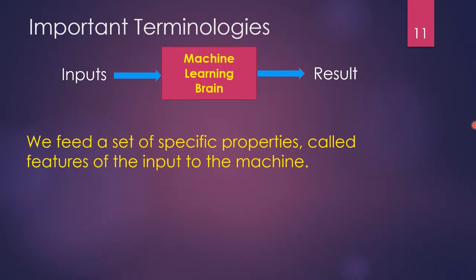Another example I can take: if we want to design a black box, still I'm saying black box, which can predict the class of a student. Class means in which class, class 5, 6, 7, 8, or something like that, based on gender, height, and weight.